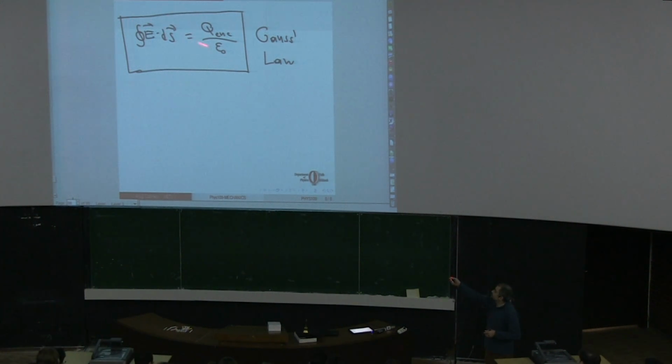As long as the enclosed charge is fixed, you can change the shape of the surface. Nevertheless, the value of this integral will not change. This is the Gauss law.